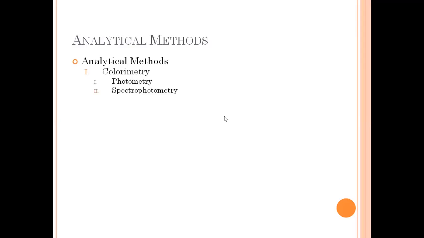First is colorimetry. Colorimetry could either be a spectrophotometric analysis, or spectrophotometry, or a photometric analysis, or photometry. What is the difference between these two types of colorimetry method in the lab?